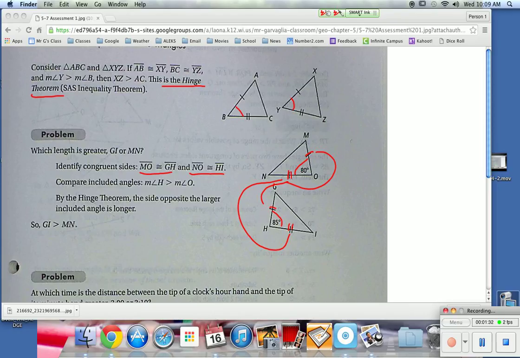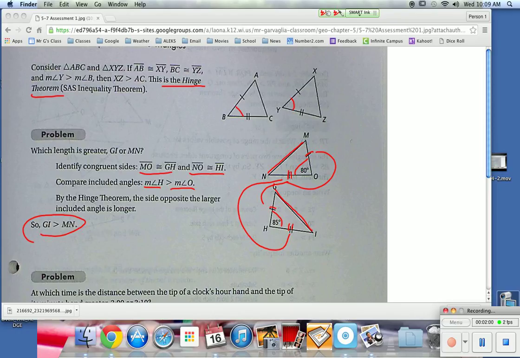The measurement of angle H is greater than the measurement of angle O. This is the hinge theorem. So we can say that the segment here, which looks like a hypotenuse, GI is greater than MN.